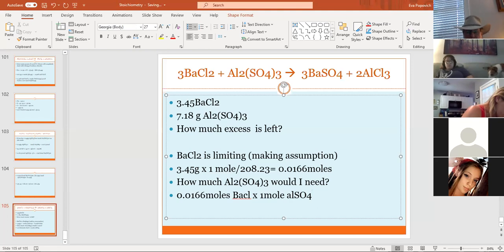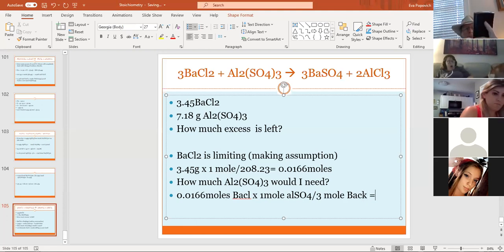I'm just doing this for simplicity's sake. Okay, so that's how much aluminum sulfate I would need.